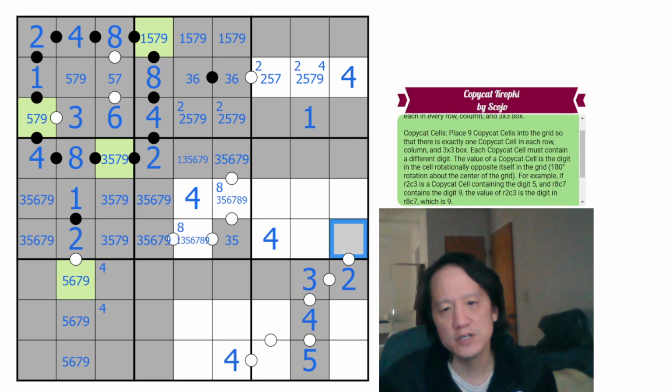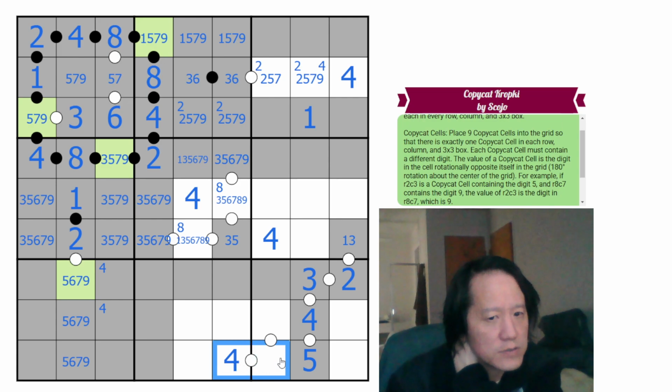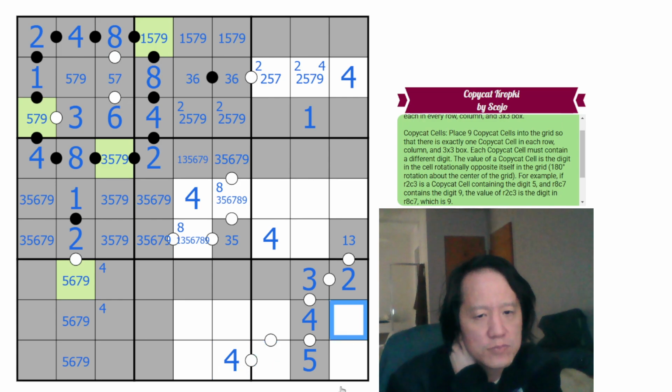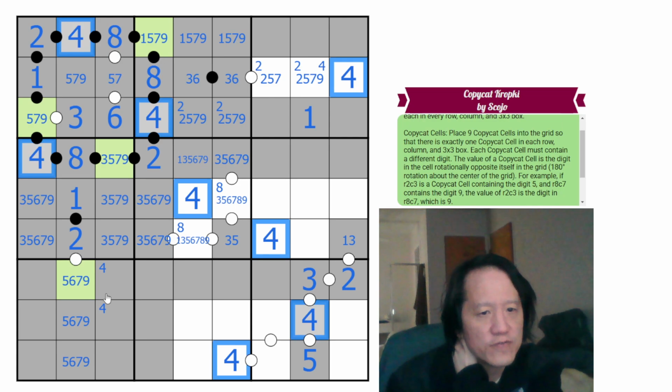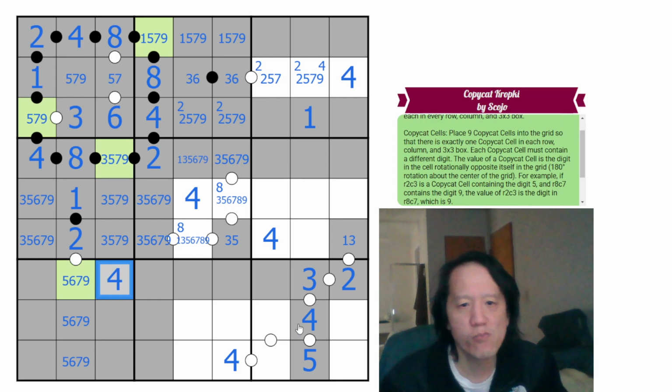So therefore this is a non-copycat and it's 1 or 3. We don't know what this is. This could be copycatted the other side. That's possible. So this can't be 4 anymore, therefore this has to be 4.